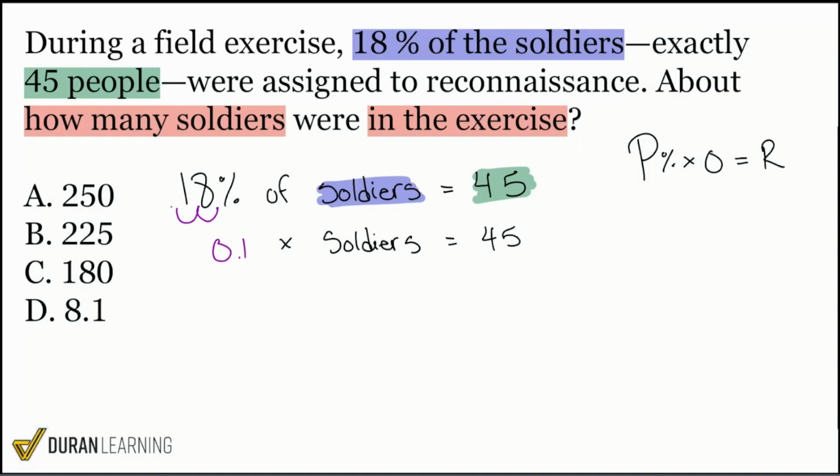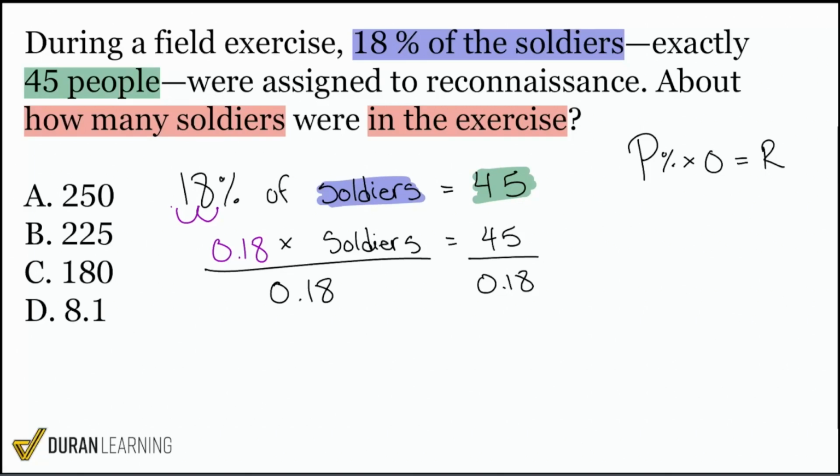So that's 0.18. And similarly, that's what's going to be divided on both sides because we're working backwards. Again, to get the result, we multiply. To get the percent or the original, we divide. So in this case, everybody, we're going to divide both sides by 0.18 right there and right there.